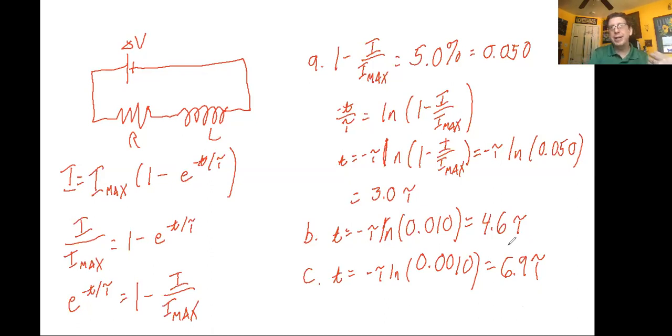But keep in mind that L is generally less than 1, unless you inserted a piece of iron inside. The resistance tends to be greater than 1. So your time constants are usually a small fraction of a second.